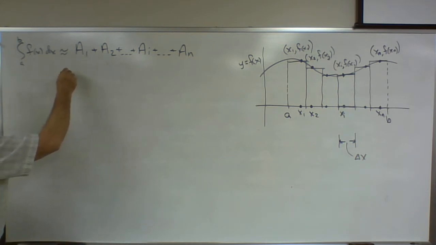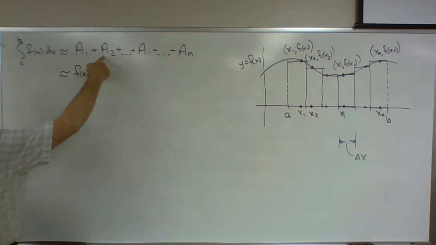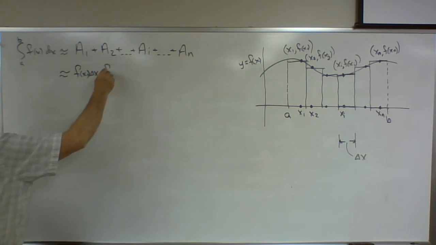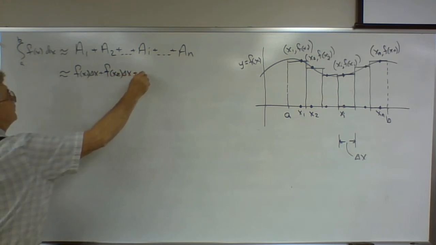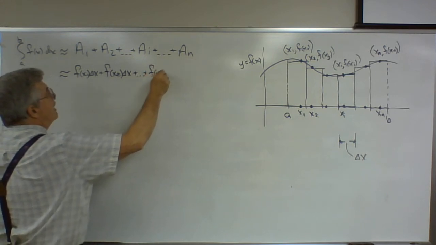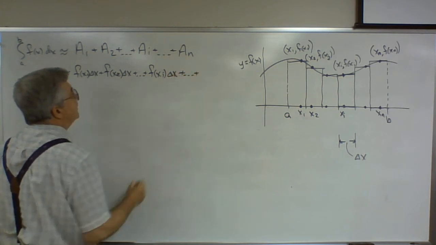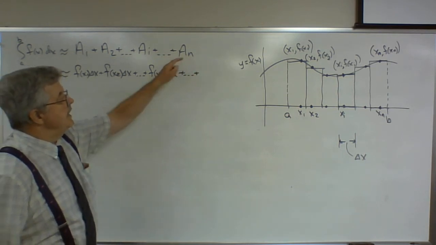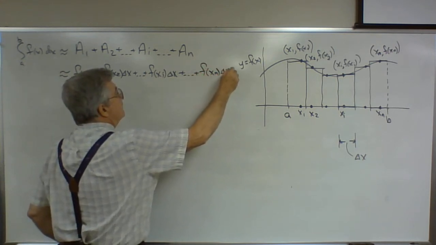The definite integral is approximately equal to the area of the first rectangle, f of x sub 1 delta x, plus the area of the second rectangle, f of x sub 2 delta x, plus the area of the ith rectangle, f of x sub i delta x, plus the area of the nth rectangle, f of x sub n delta x.